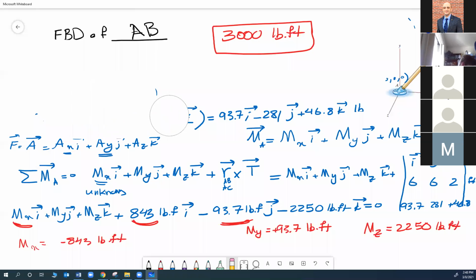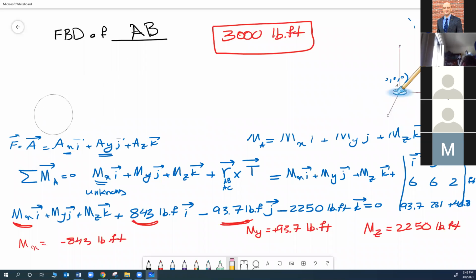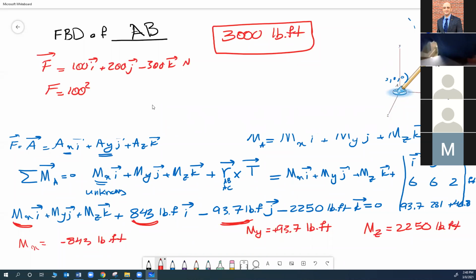So because this is a moment, don't let it trick you. It's no different than a force, right? If you had a force of 100i, 200j, 300k newtons or pounds, your magnitude of force was from 100, 200, 300, right?